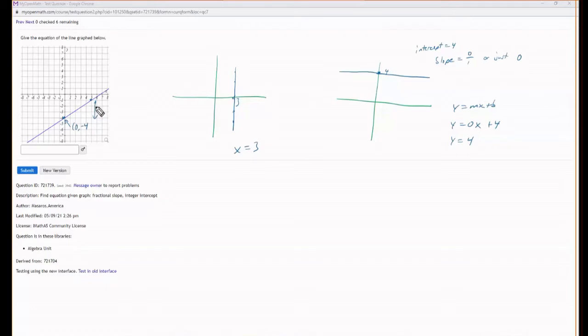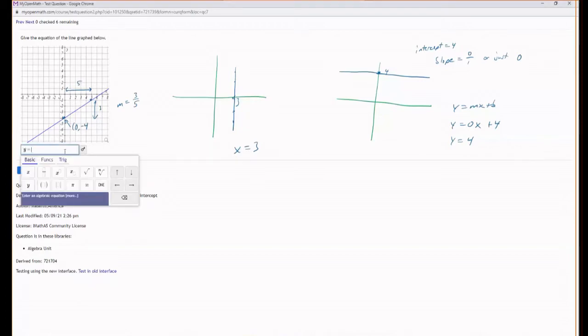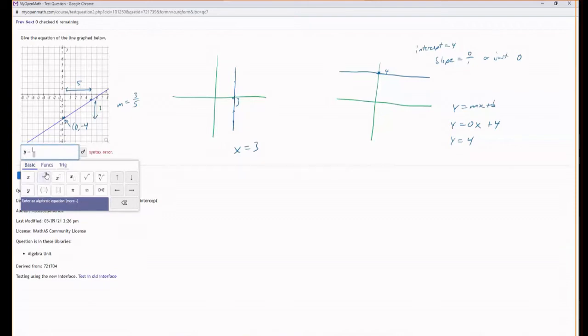So we're going up by 3, and we're going over by 5. So our slope is going to be 3 over 5. So I'll have y equals 3/5 x, and then my intercept is -4, so I'll write -4.